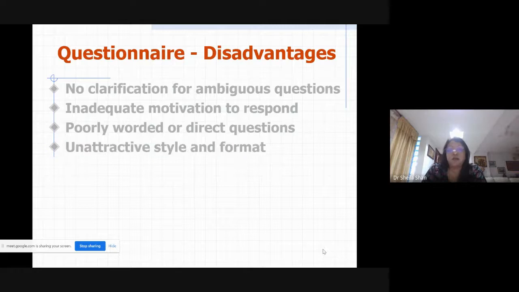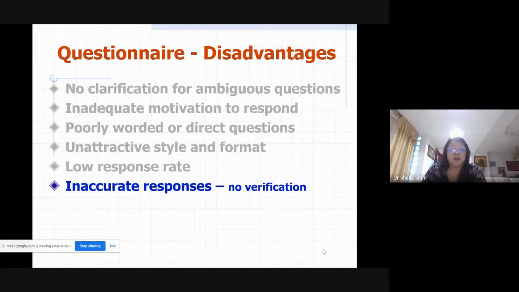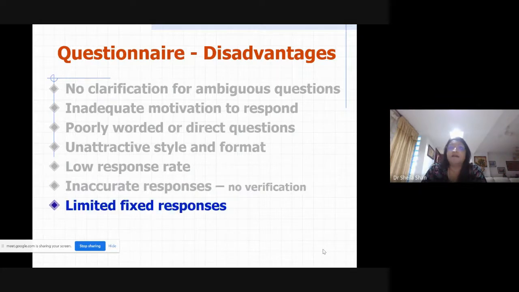Unattractive style and format, low response rate, especially emails, very low response rate. I've talked about that before. Inaccurate responses, no verification. It depends on the sincerity of the respondent. If they are sincere, okay. If they're not sincere, that is another story. Limited fixed response: you already give them the choices, so even if they have anything else on their mind, they can't put it in.